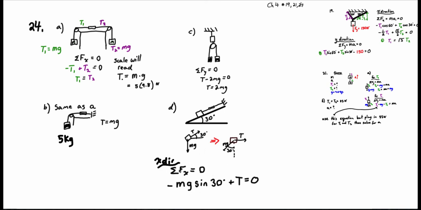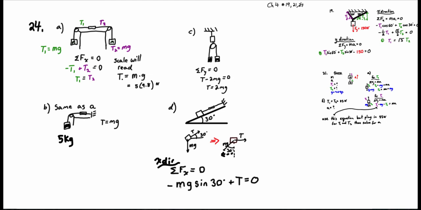So now I can just sum the forces in the x direction and set it equal to 0 to solve for my T. And so now I'm looking for the x component. But the x component now, here we're using sine because if you look at this, this is the angle opposite, or this is the component opposite the angle. So opposite uses sine.